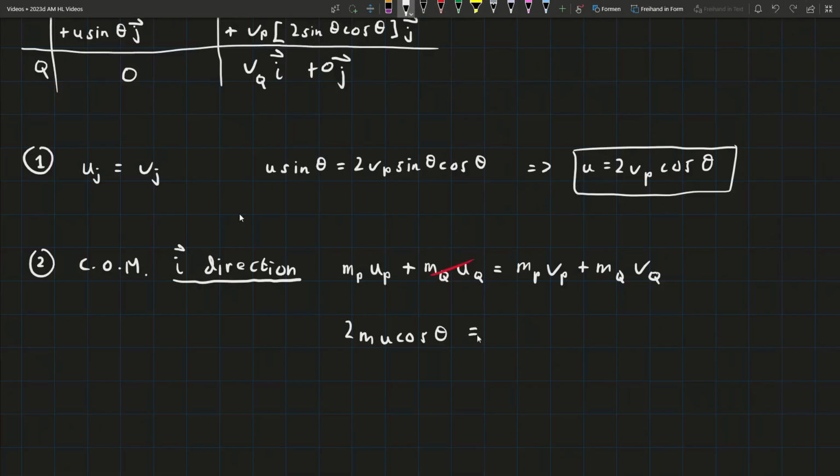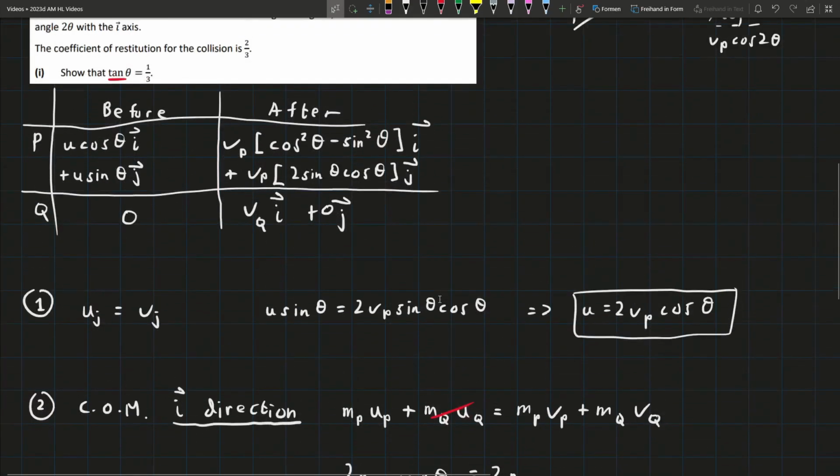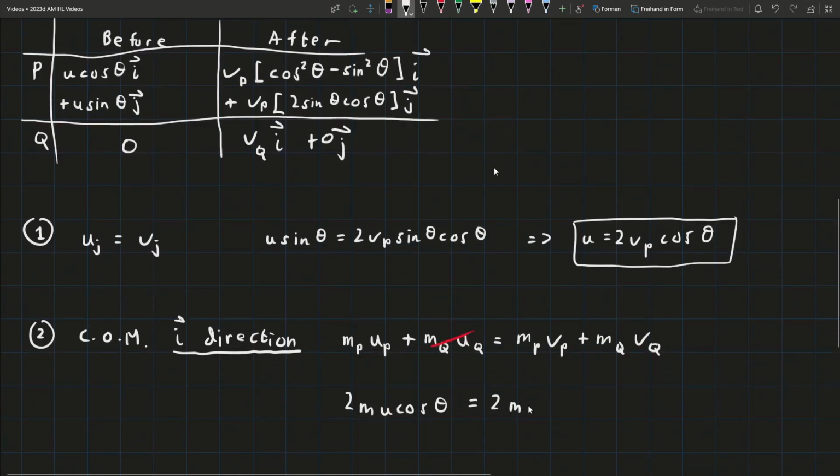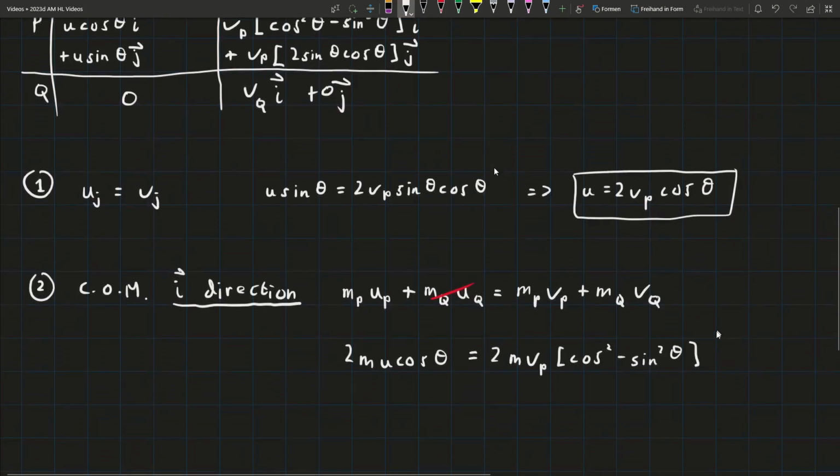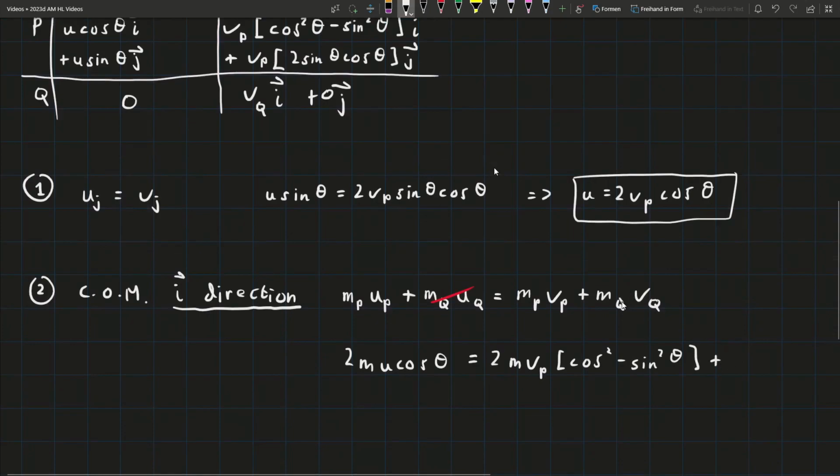So we can just have equals. Then the mass of P again is 2m. The final velocity of P is going to be Vp times cos squared theta minus sine squared theta. So we'll have Vp times cos squared theta minus sine squared theta. And then finally, we'll have plus the mass of Q is just m, and then the final velocity of Q we're just calling Vq.